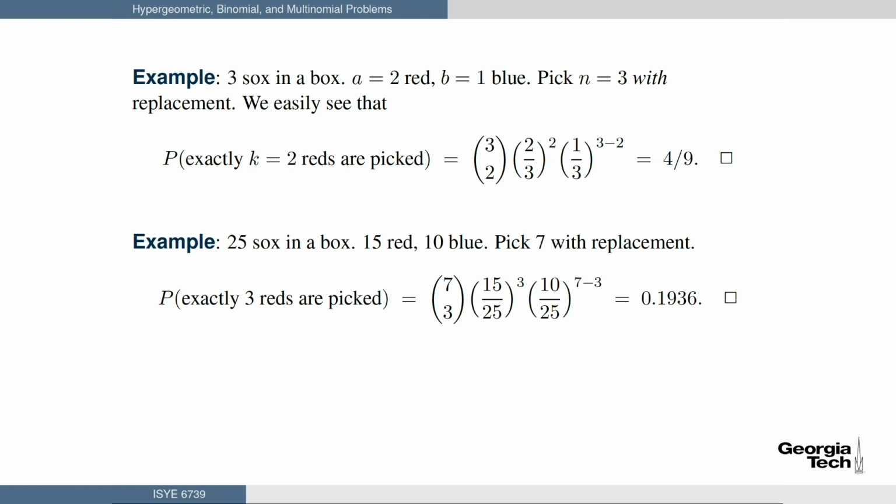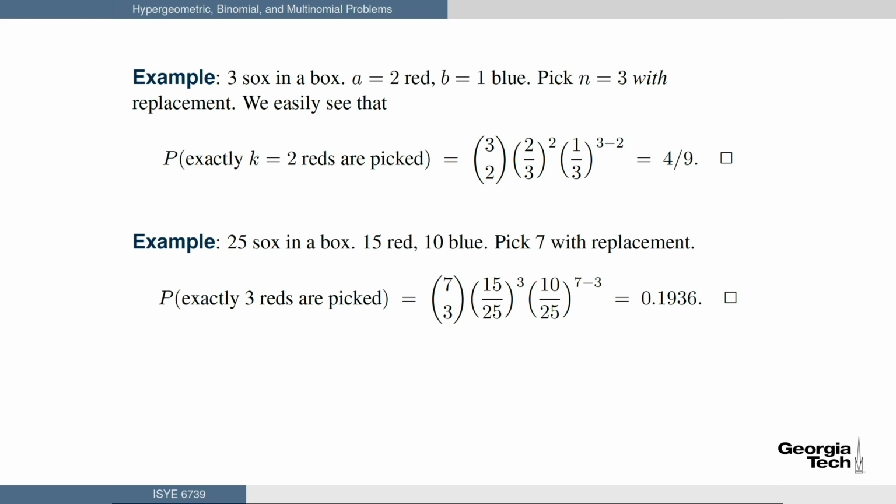Now, n is 7. I'm interested in picking exactly 3. So 7 choose 3. The probability of a red in one individual pick is 15 over 25. To do it 3 times, 15 over 25 cubed, and then times 10 over 25 to the 4th power. That number is 0.1936.